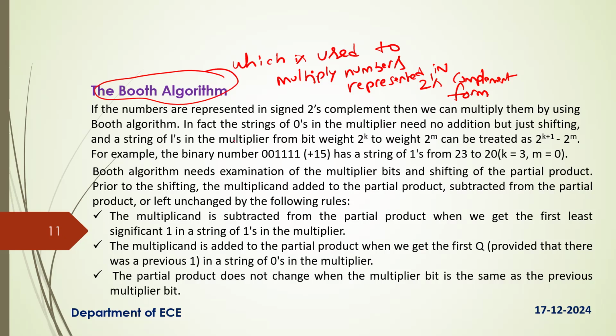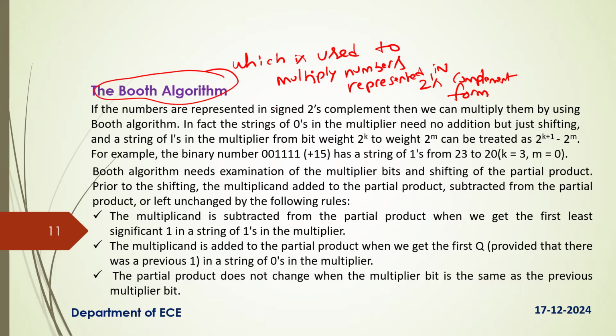Now, the main idea behind this Booth algorithm is, if you take any two numbers represented in 2's complement form, there are two types of numbers.